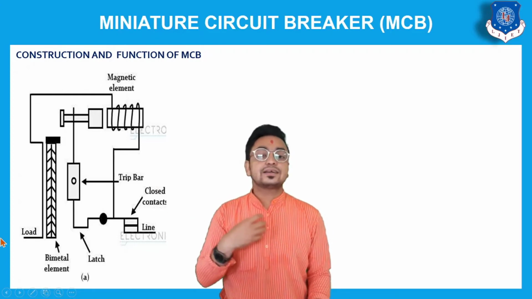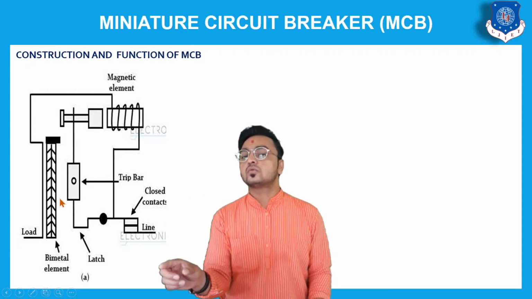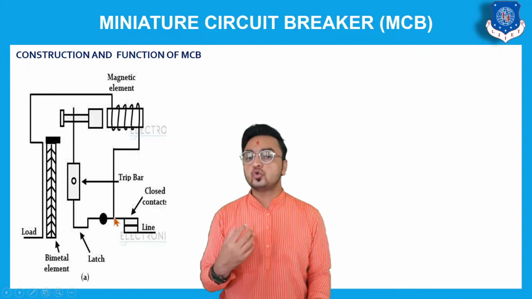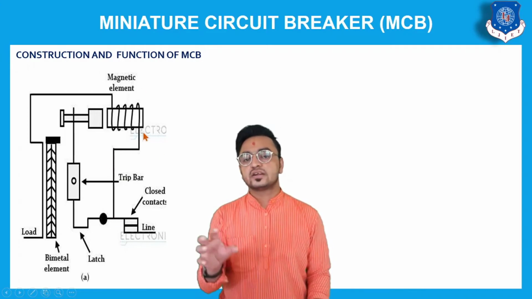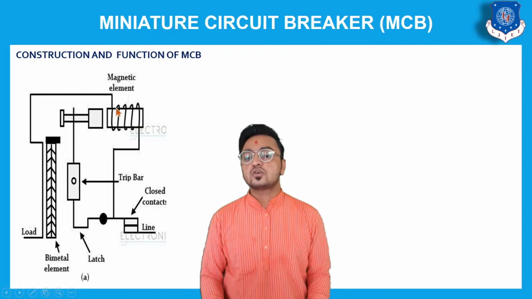As the temperature cannot be increased suddenly, this mechanism cannot operate when there is a sudden increment in current. So at that time, what to do exactly? For that, we have arranged an electromagnetic circuit over here. Here, we have arranged an electromagnet, a coil and a metallic portion over here.